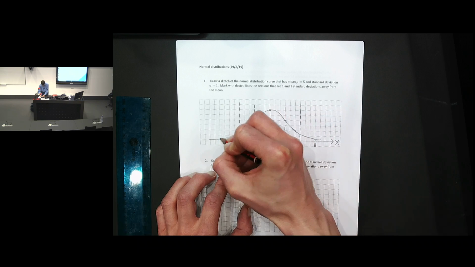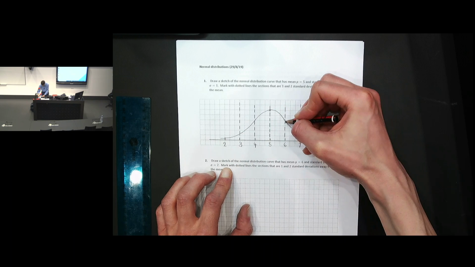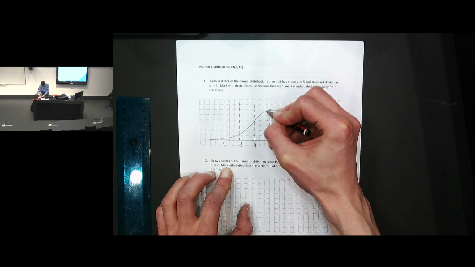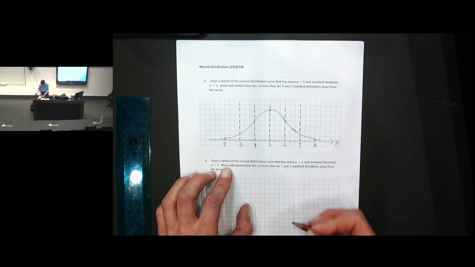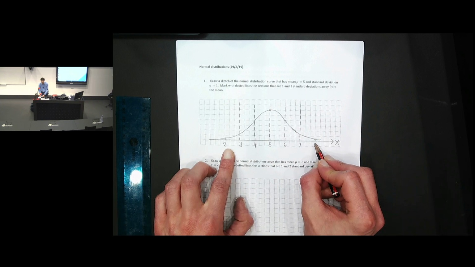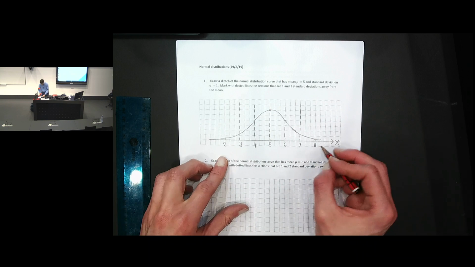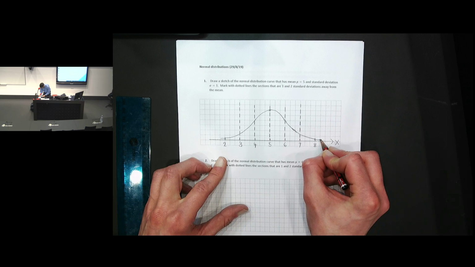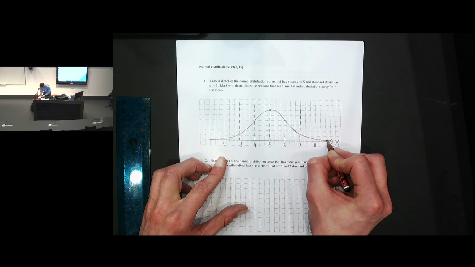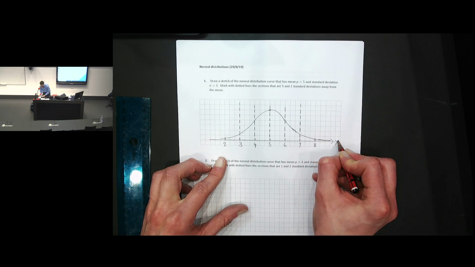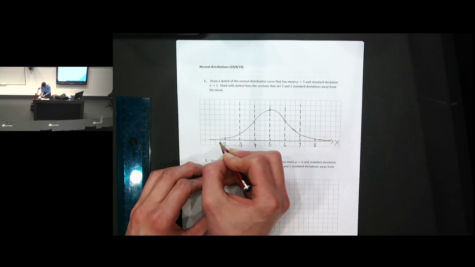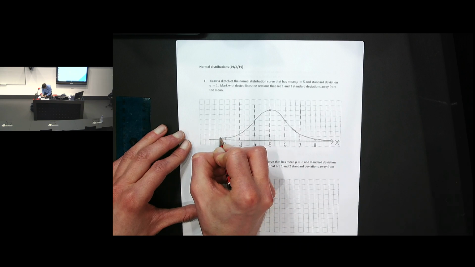So over here it looks more like a sort of happy face, and same over here, whereas over here it's a sad face. Once it gets to about 3 standard deviations away from the mean, it just goes to 0. Well, almost 0, not quite, but it gets closer and closer to 0 the further out that way we go, and it gets closer and closer to 0 the further out this way we go as well.